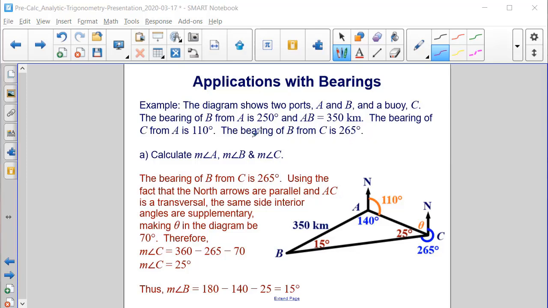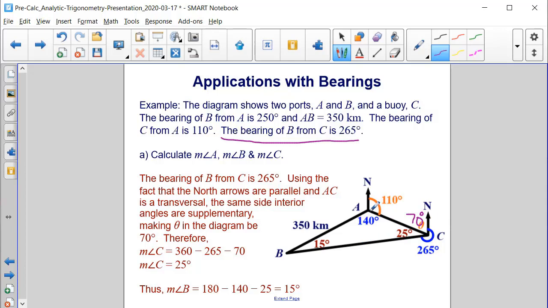We are also told in this problem that the bearing of B from C is 265 degrees. So that's also been drawn in the diagram. We know that the north arrows are parallel to one another, and using that piece of information, we can determine that the measurement of this angle theta is going to be 180 degrees minus 110, which is 70, because we have same side interior angles, and they are supplementary.